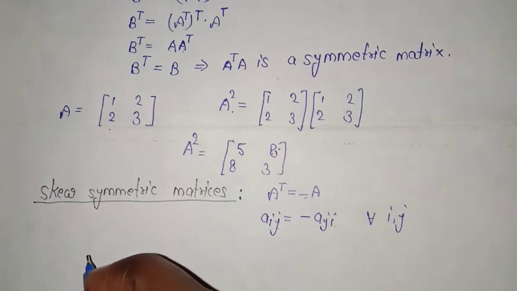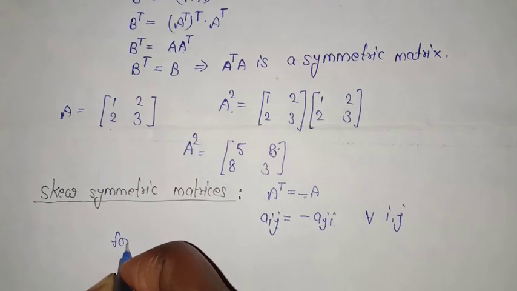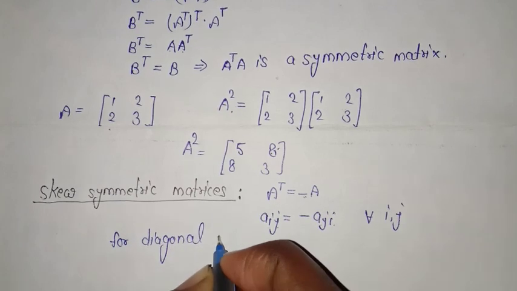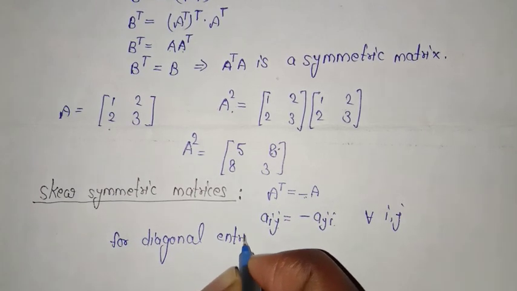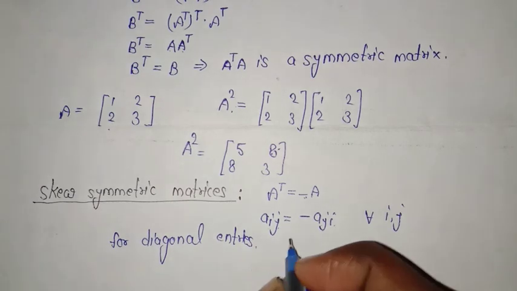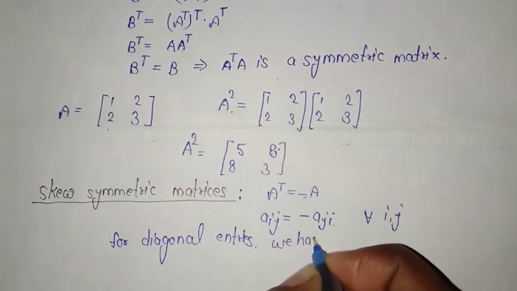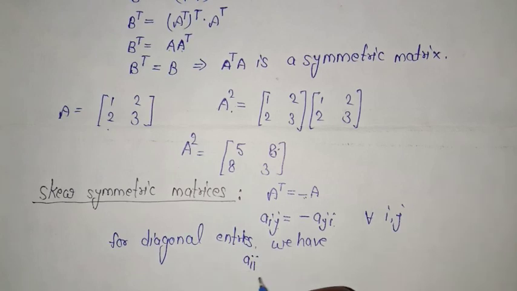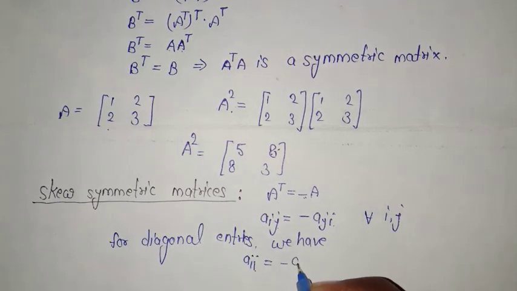For diagonal entries, we have A_ii, that is first row first column, second row second column. We are talking about those elements which are on the leading diagonal. So A_ii becomes minus A_ii.